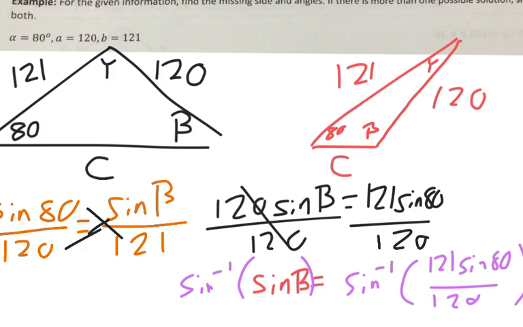Inverse sine is defined for what quadrants? 1 and 4. Whether it's positive or negative. This ratio is going to be positive, so it's going to spit out an angle in the first quadrant. So then the question becomes, where else is the ratio of sine positive? In the first and second.